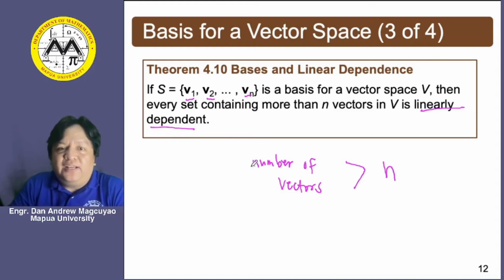You need at most n vectors to represent linear independence. If there are more than n vectors, automatically one vector is a linear combination of the other vectors. That means it is linearly dependent.